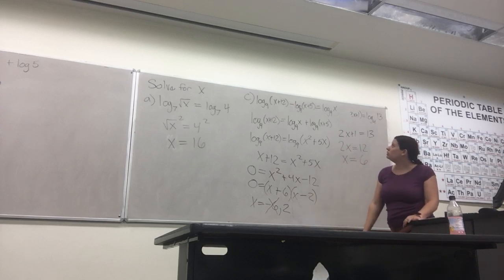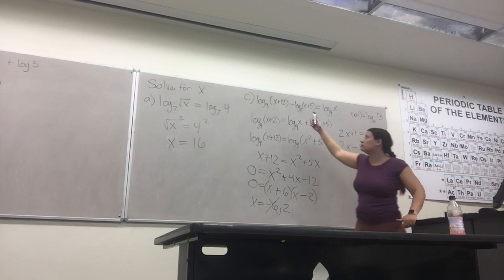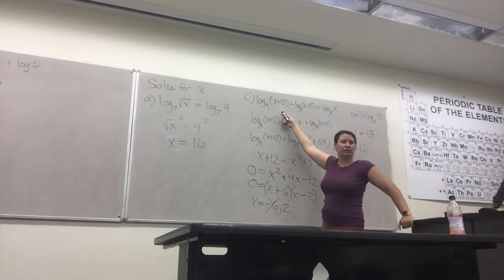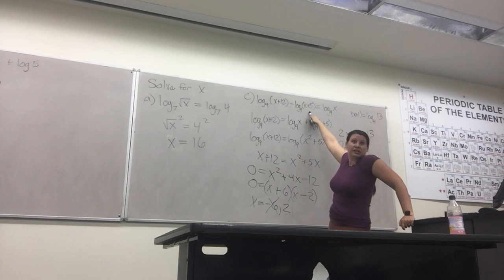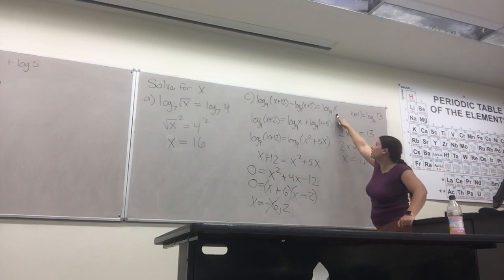What about 2? Does 2 work everywhere? Well, 2 plus 12 is 14, positive, cool. 2 plus 5, 7, positive, good. And just 2, positive. Perfectly okay.